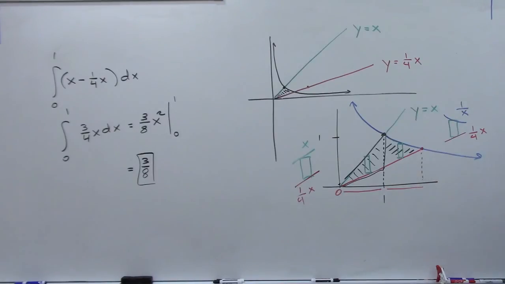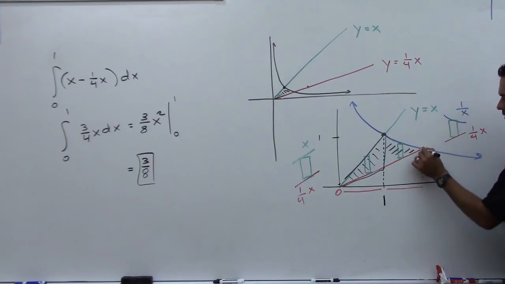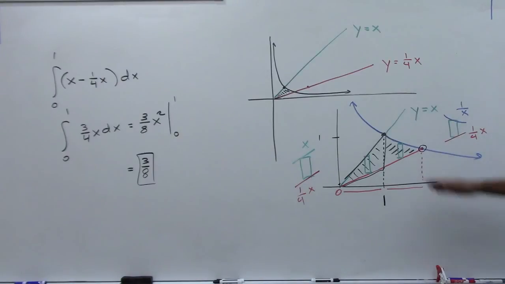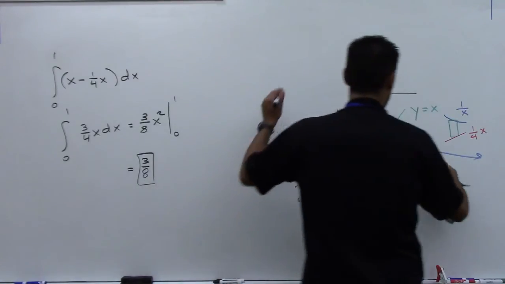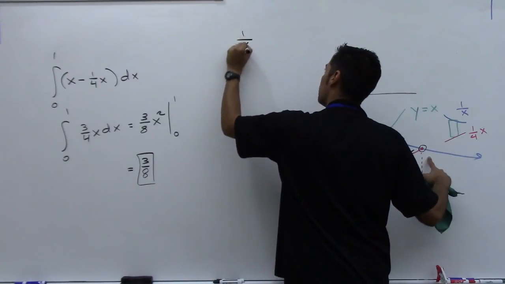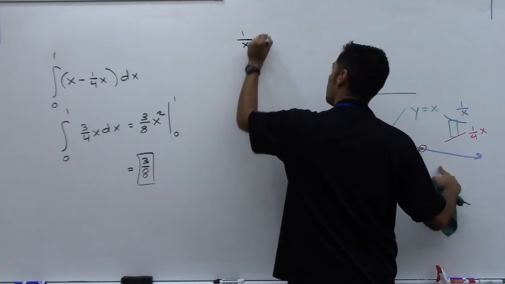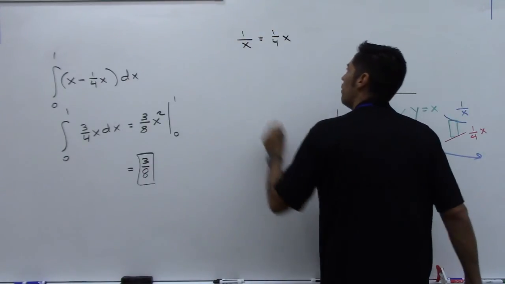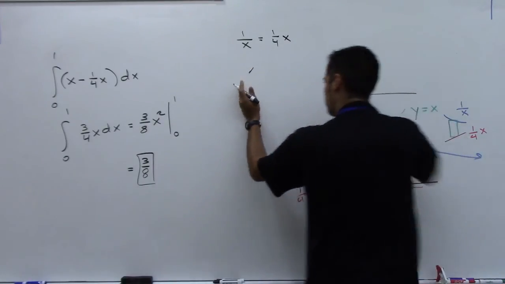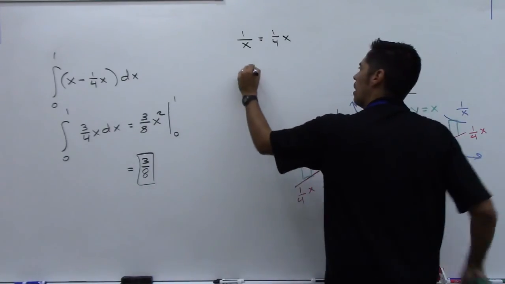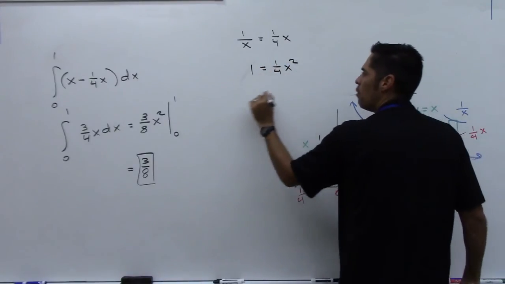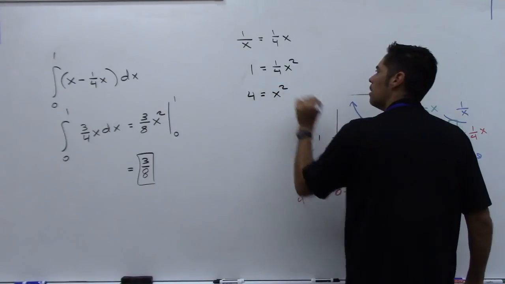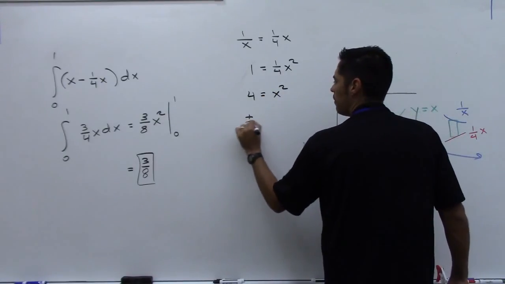Now let me set up this second integral. I know it's going to go from 1, but now let's find this intersection point. So I need to set the blue curve, which is 1/x, equal to the red curve, which is 1/4 x. I'm finding that intersection right here. Multiply both sides by x. Get 1 equals 1/4 x squared. Multiply both sides by 4. Take the square root.